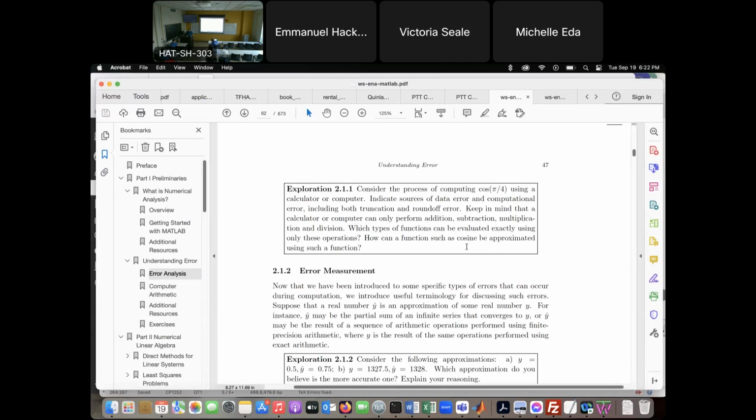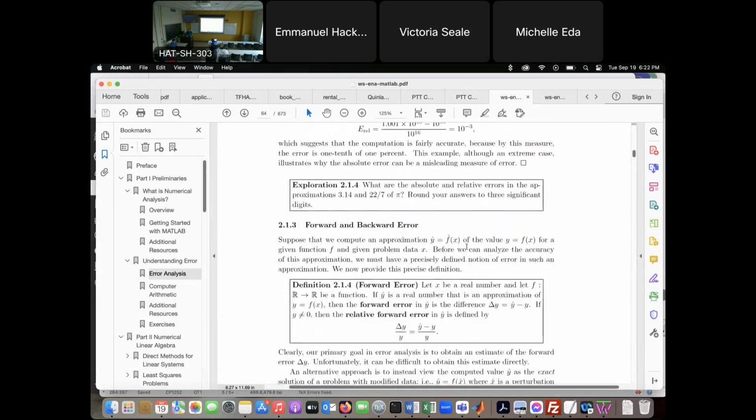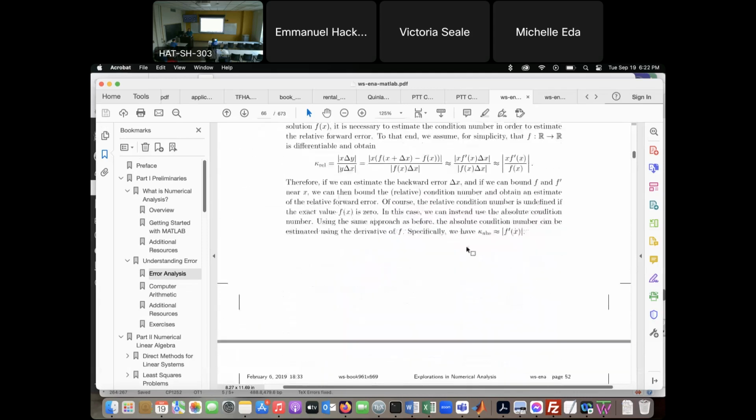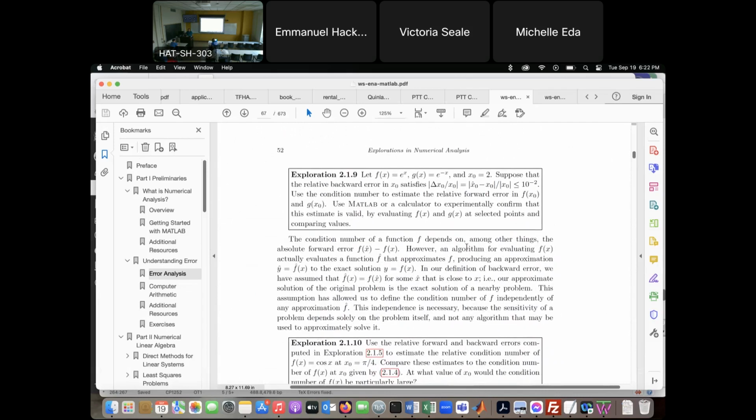Okay. Anyone else have questions, especially on problems in this section? For exploration 9, I'm just wondering, when we are experimentally confirming our forward error estimate, are we gonna use Taylor series expansions for those functions? Because there wasn't one given. You don't need to.